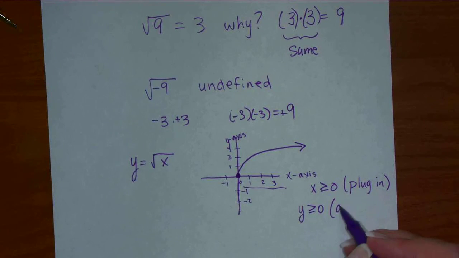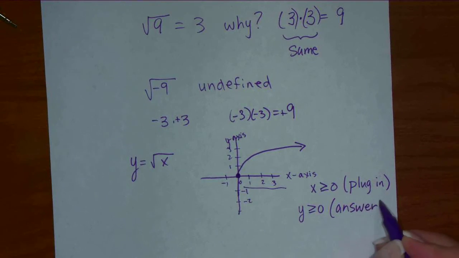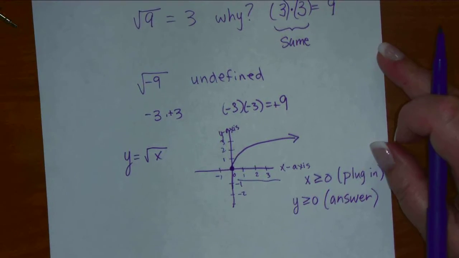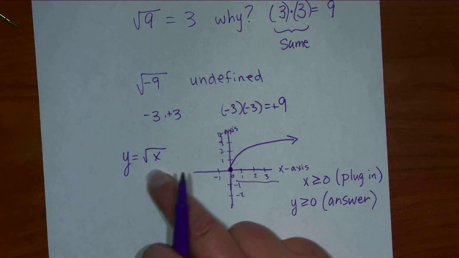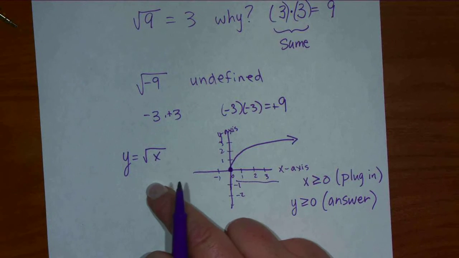And your answer that you get out is also always positive. Like on a computer or a calculator, when you put in a number for the square root symbol, your answer will always be positive, if it works. If you plugged in a negative and then did the square root, it would just say error, because it doesn't work.